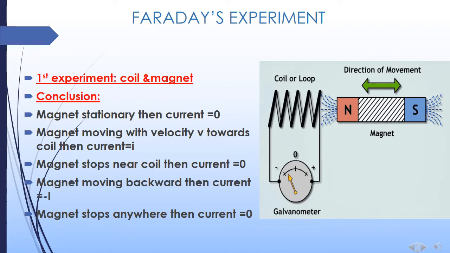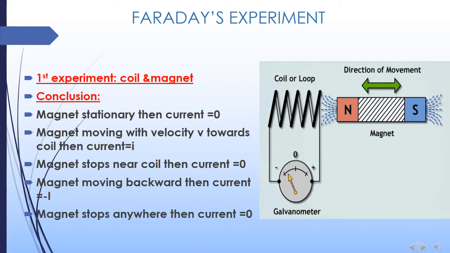Number 1 is, if the magnet is stationary, then the current is 0. Second one is, if the magnet is moving with a certain velocity v, then there is a current in the coil. Third one is, if we stop the magnet near the coil somewhere, then the current is again 0.